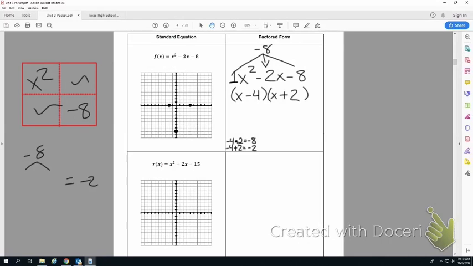What I would probably do is find the axis of symmetry by finding the point that is right in the middle of these two. Okay, so it's 1, 2, 3, 4, 5, 6. 6 divided by 2 is 3. So I would have my axis of symmetry at x equals 1. Anytime you have one point on one side of the axis of symmetry, the point that is symmetric to it will give you another point.